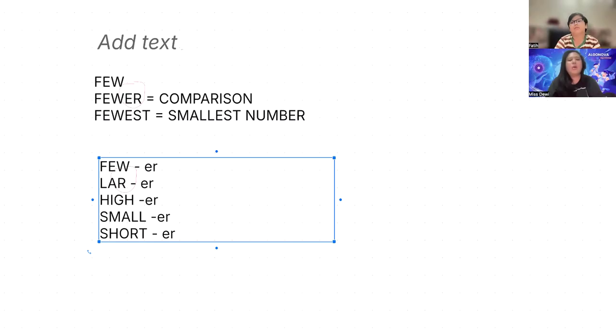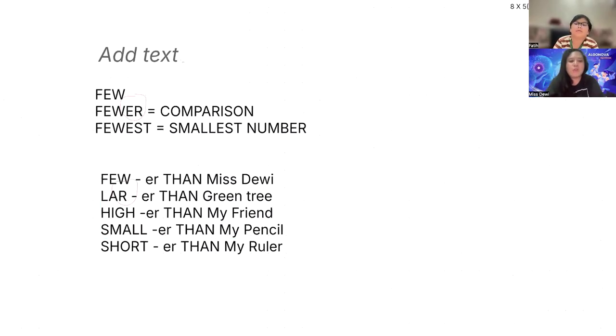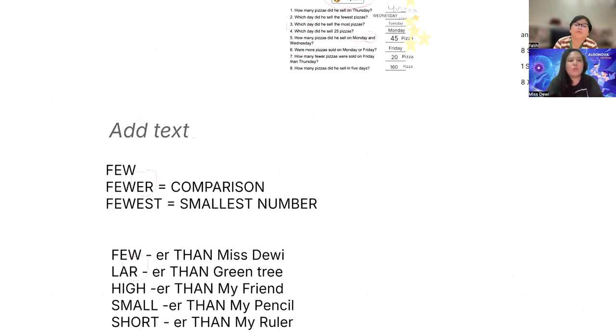So you need to know this term stands for comparison, so there is another object that you want to compare. Before Miss Dewi continues, do you have any question? Is it clear about these comparison words? Okay, we're going to go slowly here. Don't worry, Fatih. Next meeting, if you're still confused, we can recall this again.